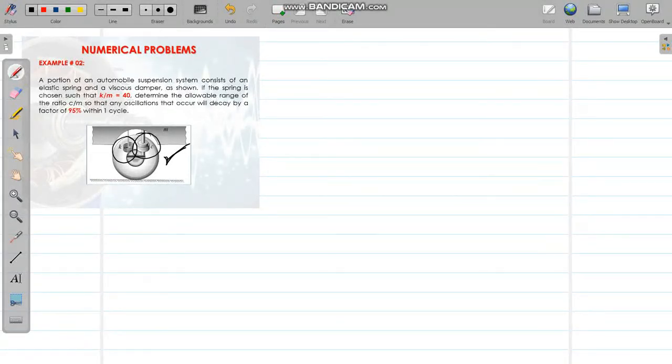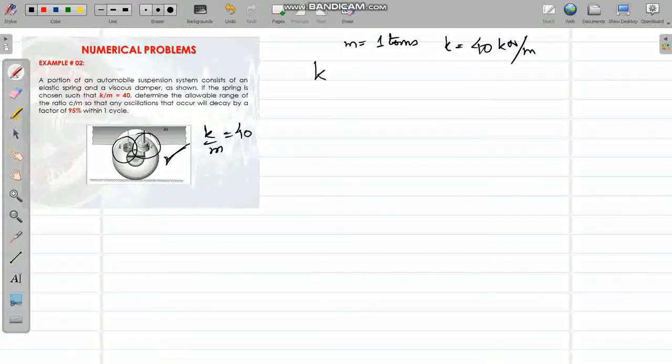It says the ratio of k over m is 40, which is generally true for most cars. Generally for a car with a mass of roughly 1 ton, the spring has a stiffness of nearly 40 kilonewton per meter. So k over m is 40,000 divided by 1000, which is roughly 40.